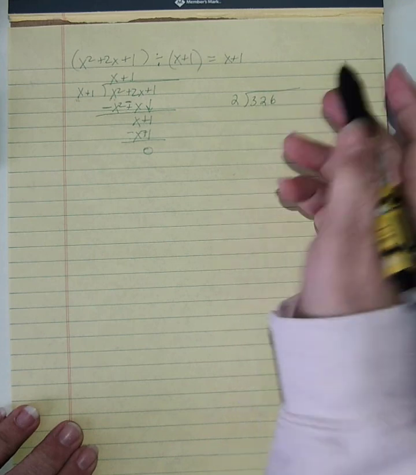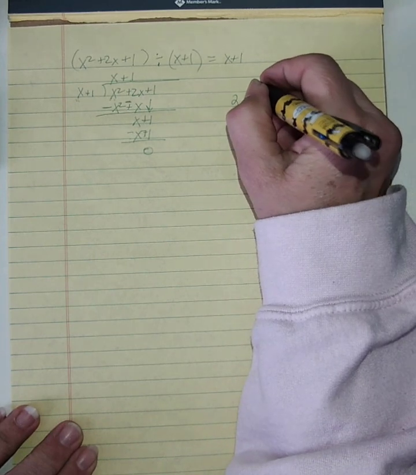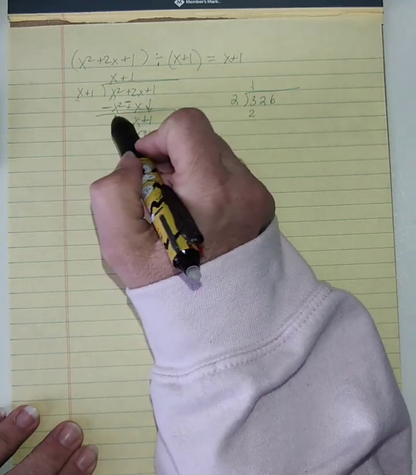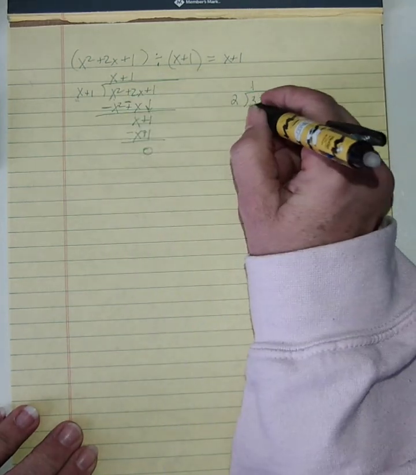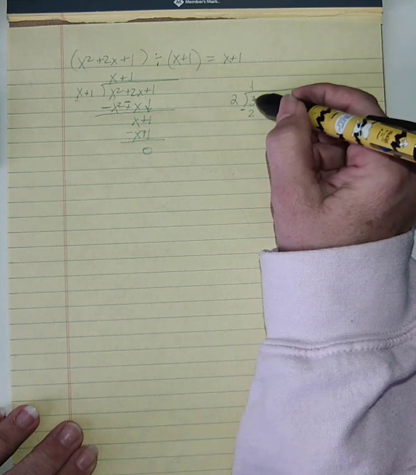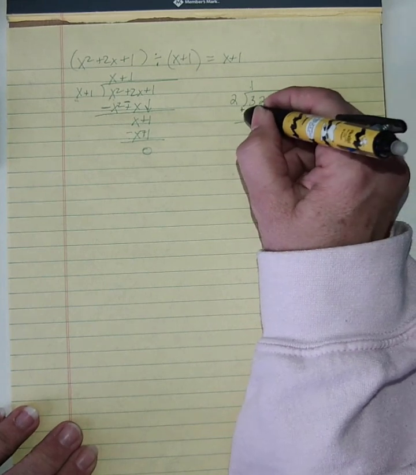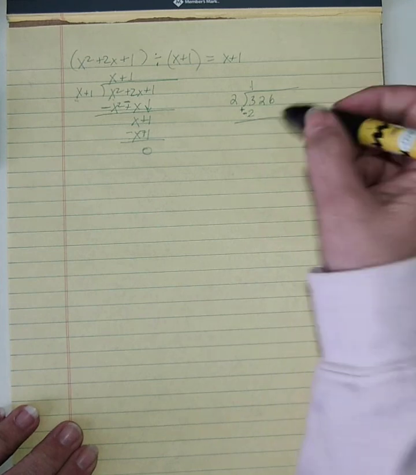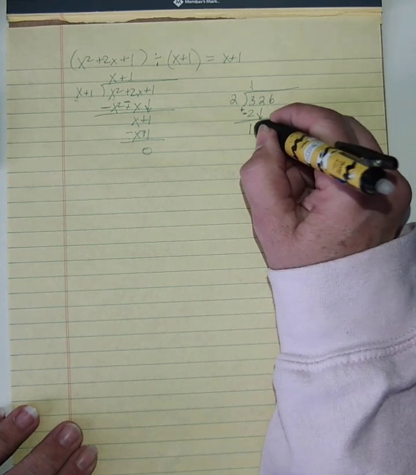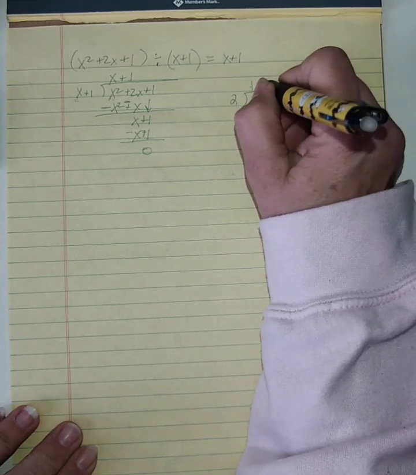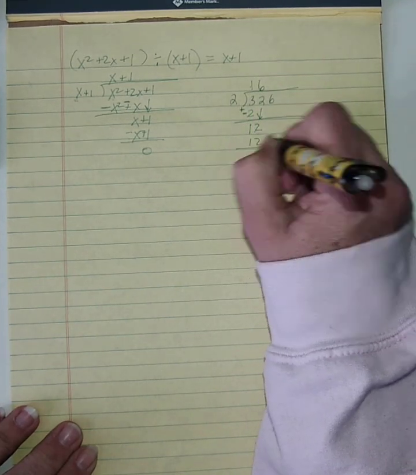We'd say 2 goes into 3 one time. 1 times 2 gives me 2. Just like we said, x times this gives me x squared plus 1. Then we subtract. So we say 3 plus a minus 2. Right? We could make that a plus, and this becomes a negative 2. So 3 minus 2 gives me 1. Bring down the 2. 2 goes into 12 6 times. 6 times 2 is 12.